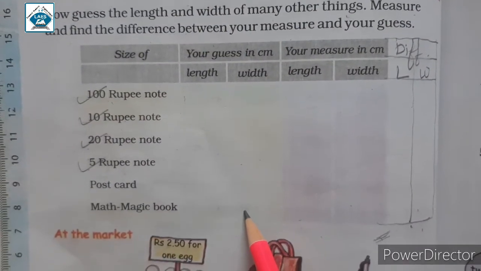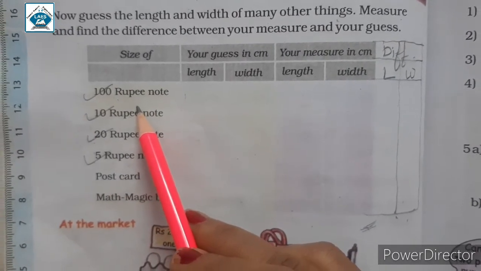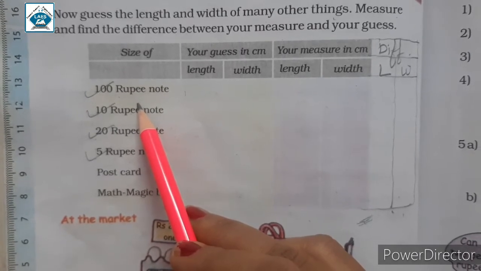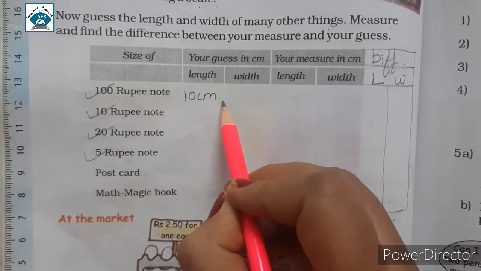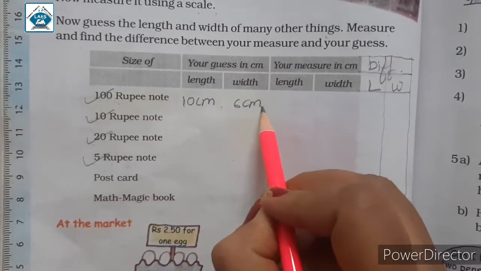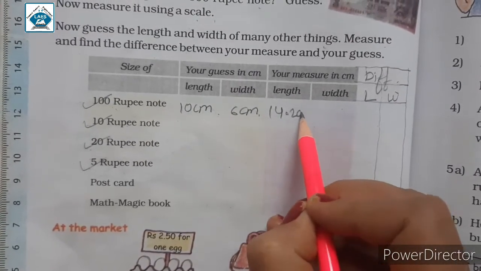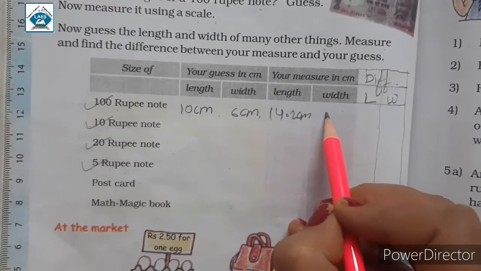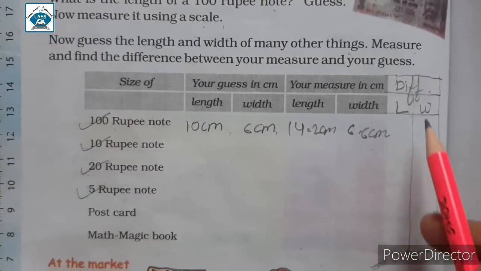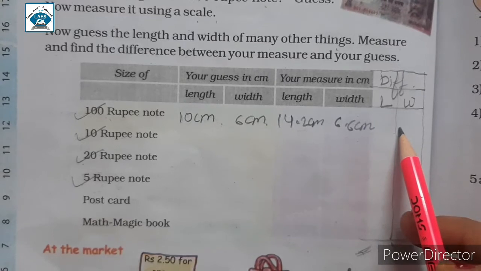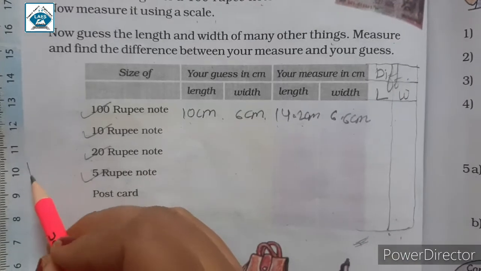As I have measured the notes, here we have a 100 rupees note. Let me take any case. Its guessed length is 10 centimeter and width 6 centimeter, and the actual measure was 14.2 centimeter and width 6.6 centimeter. Then the difference: subtract 14.2 centimeter minus 10 centimeter.